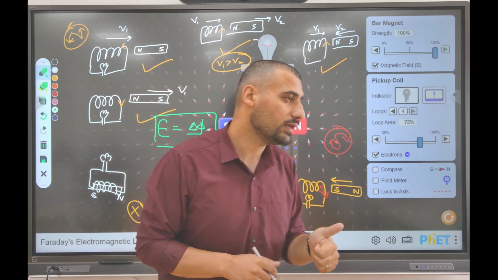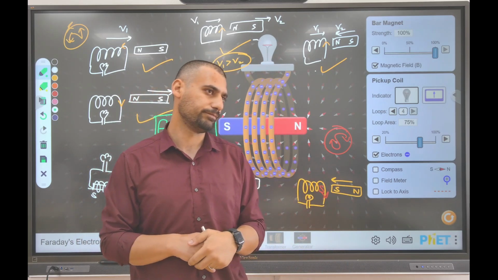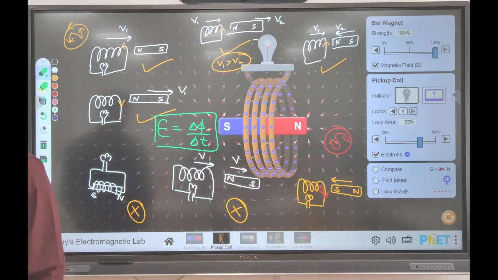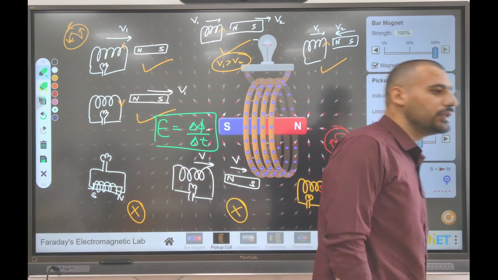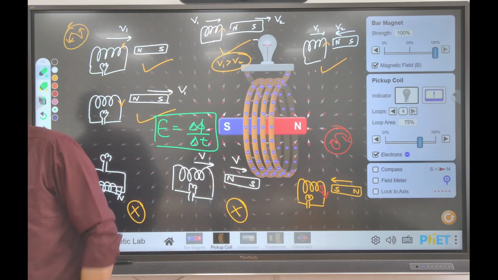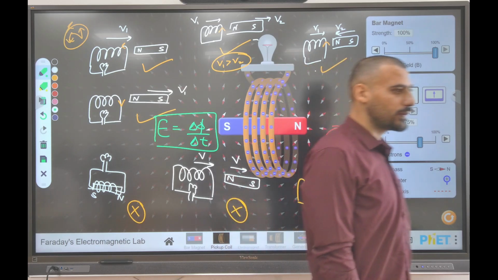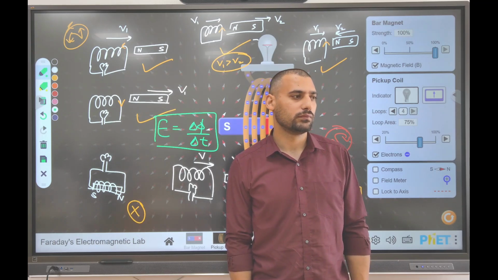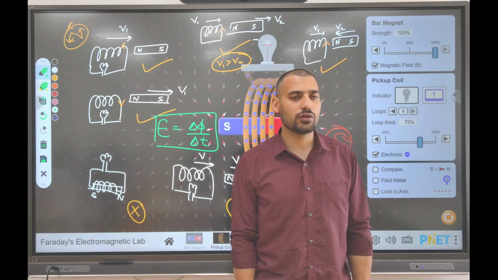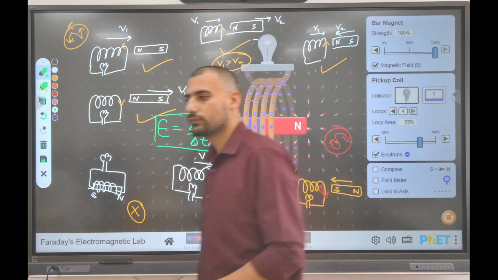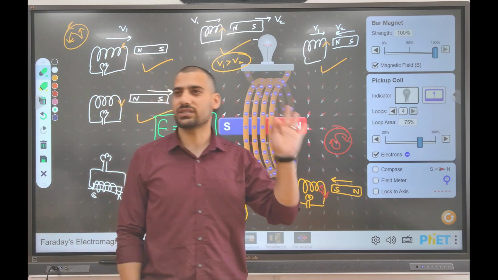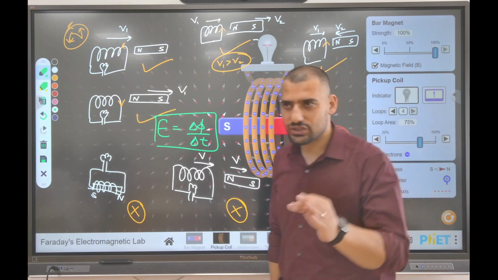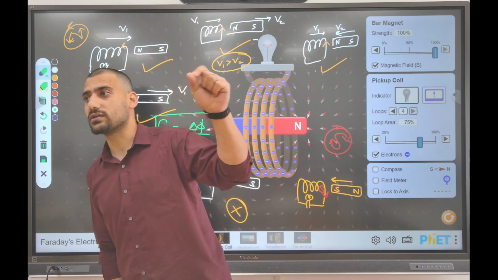It was given by Heinrich Friedrich Lenz, a German physicist who said, write it down, for the direction of the induced EMF, Lenz's law states that the direction is such that it opposes the cause.